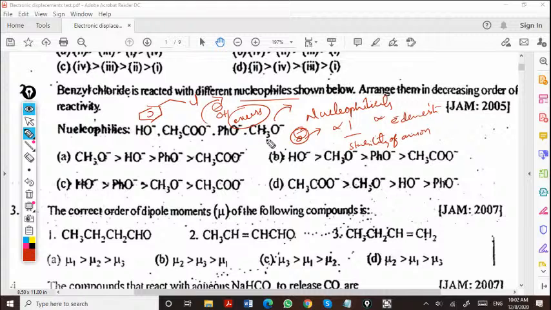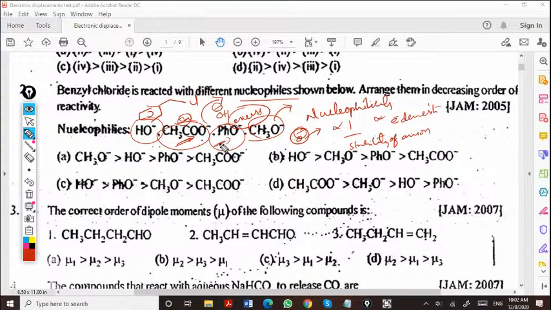Now consider you have been given methoxide, phenoxide, acetate, and hydroxide. Among these, this one is going to be stabilized with conjugation, and this is also, but this is equivalent conjugation, which is even more stable.